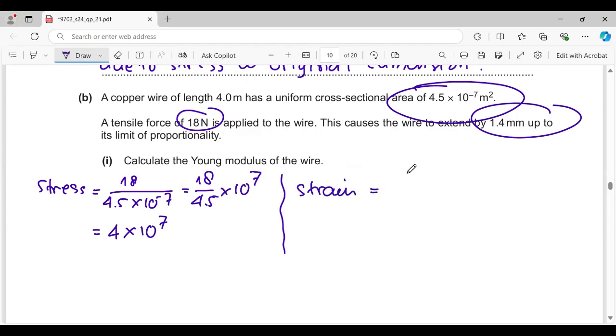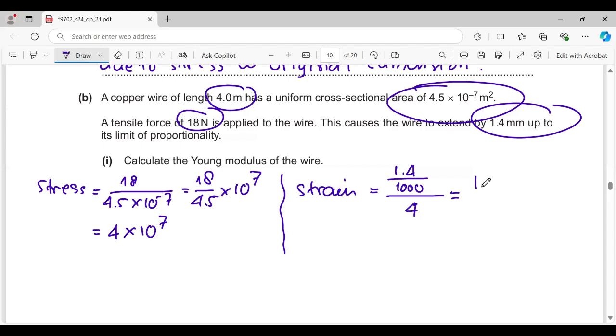Strain equals this 1.4 millimeters. Convert to meters. So 1.4 over 1,000 over 4. Because we have to convert into meters like this unit.